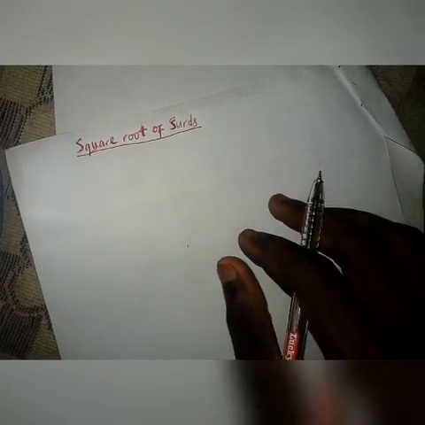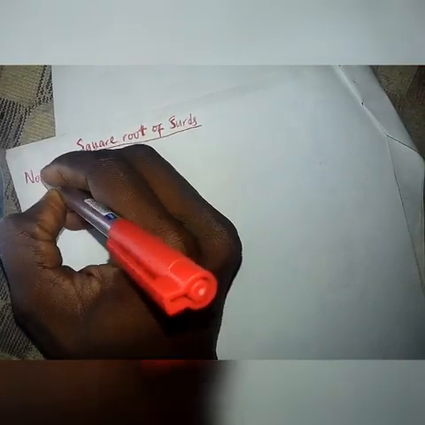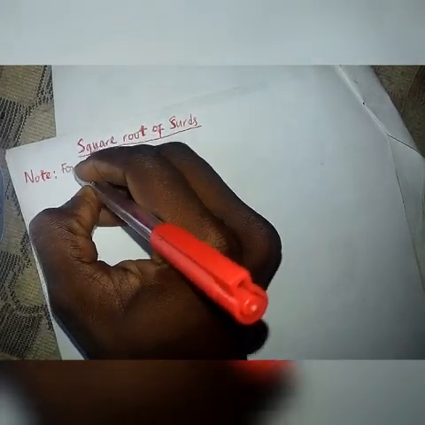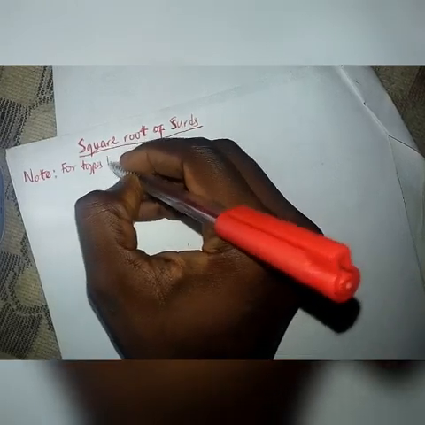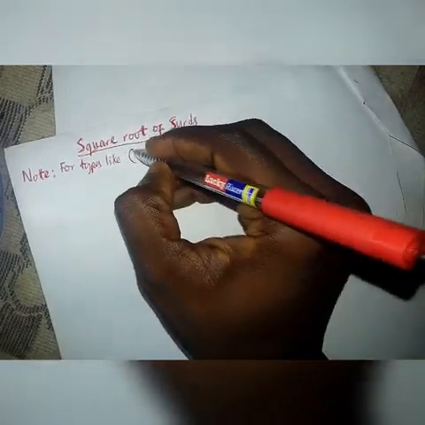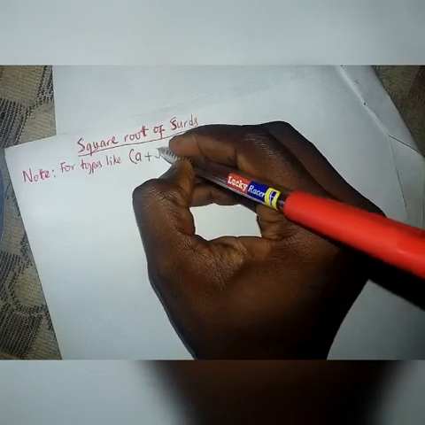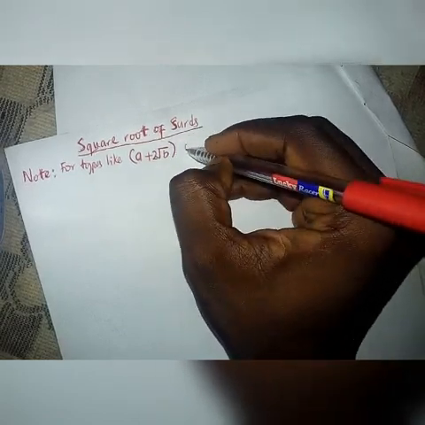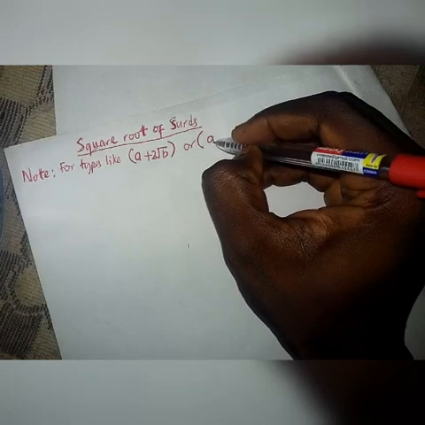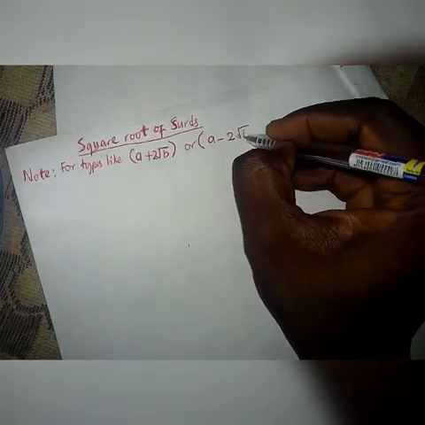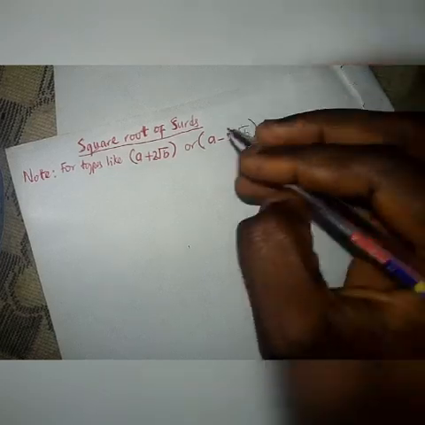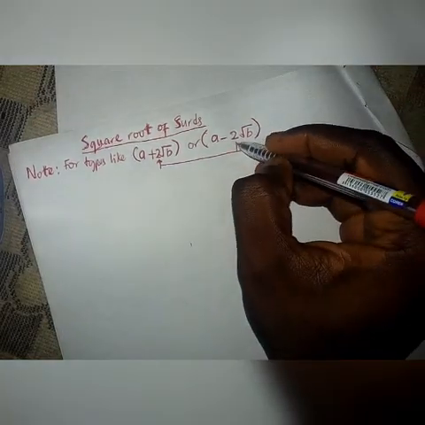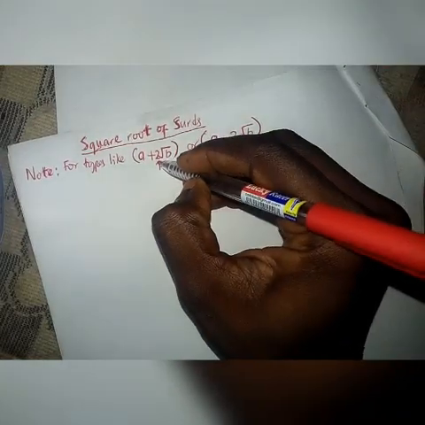So the first thing to note is that it is for types like A plus 2 surd B, or A minus 2 surd B. Those that have 2 beside the surd alone.